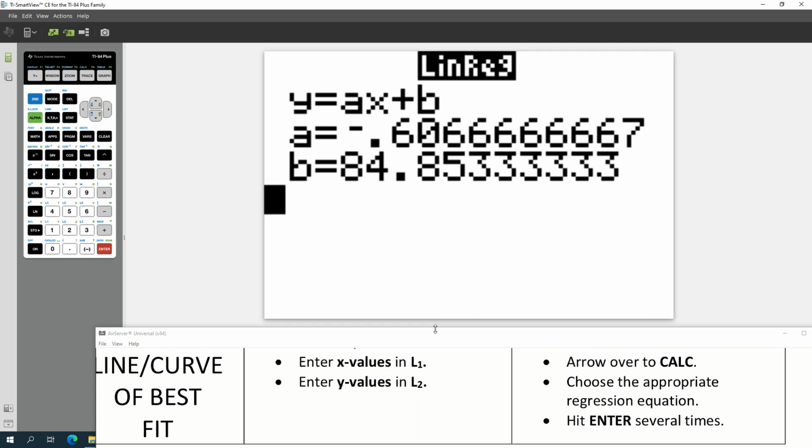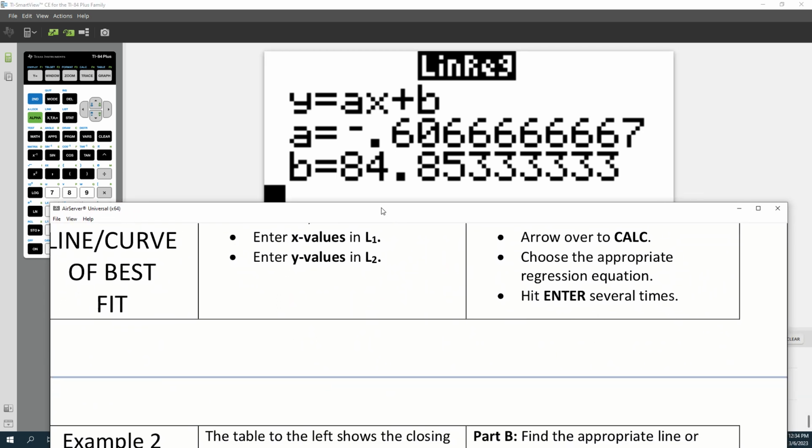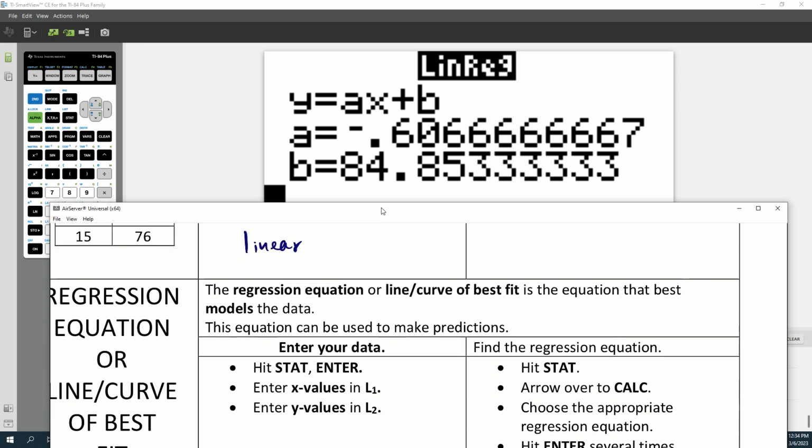All right. Now what this does is it tells you the base model for a linear equation. So y equals ax plus b is the base. And then it tells you what to put in for a, and it tells you what to put in for b.